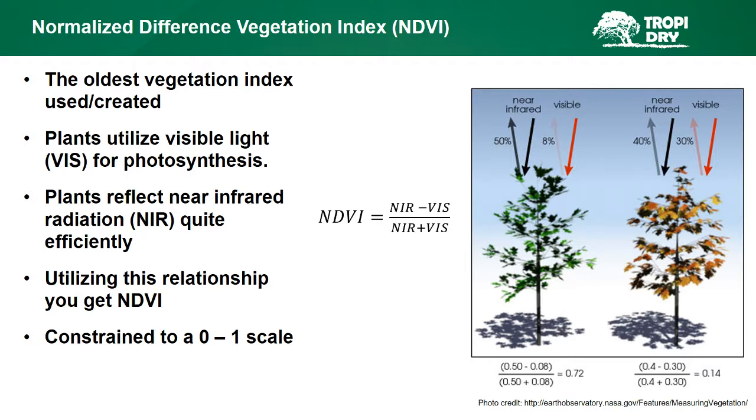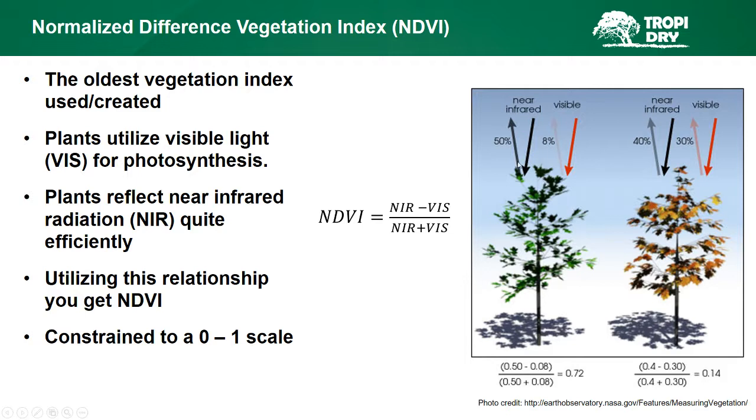And it turns out that they could. So, how it works is that it uses the near infrared radiation, or NIR. It subtracts the amount of visible light that is seen, and then divides that by the total amount of near infrared radiation and visible light radiation that there is.